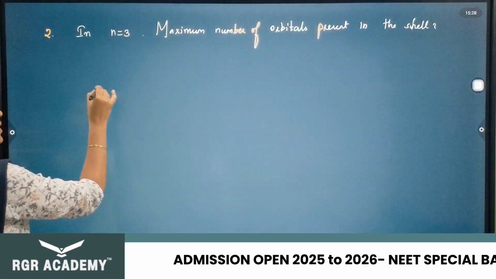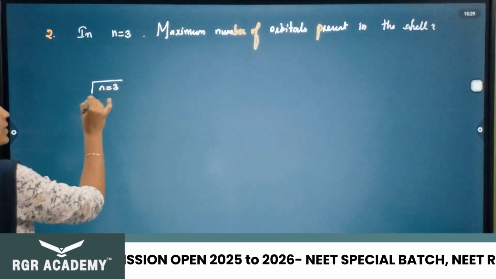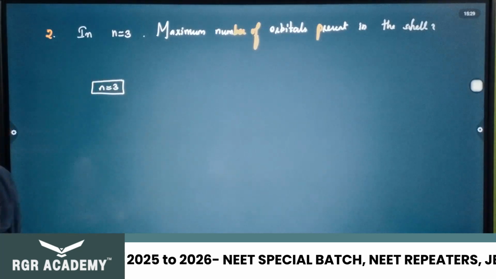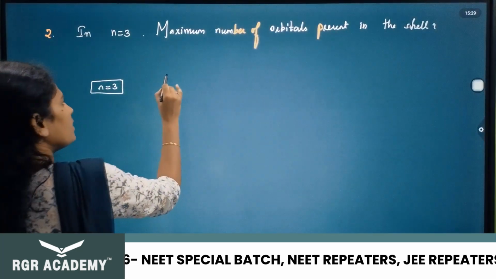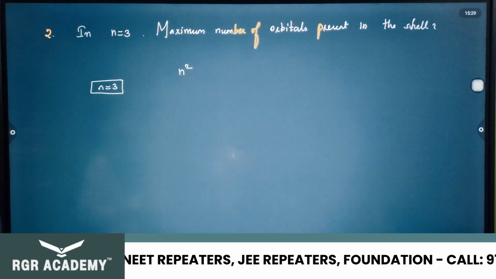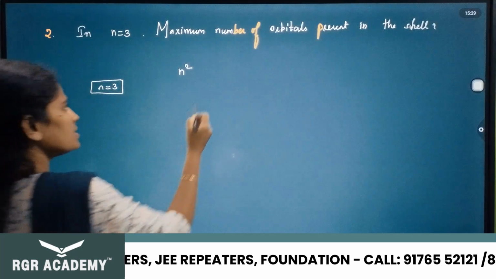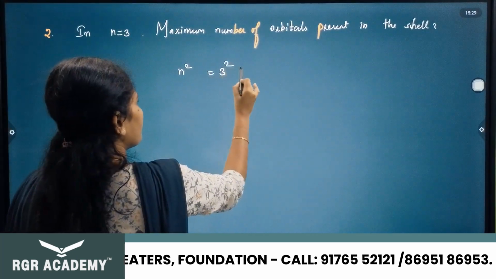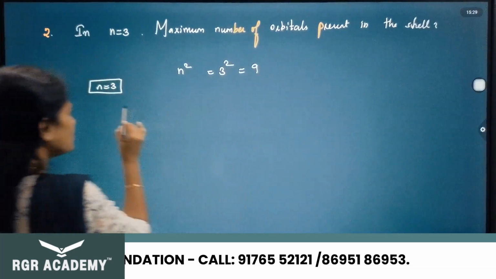If we know the principal quantum number, we can calculate the total number of orbitals. The formula is n squared. So what will be the maximum number of orbitals possible? Of course, it is 9. 9 orbitals are possible. How is it possible?